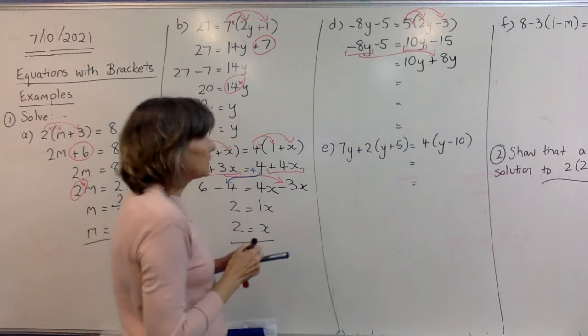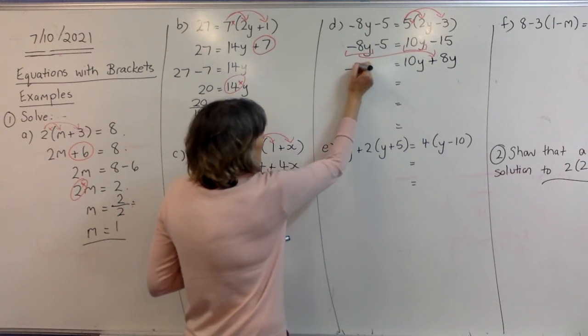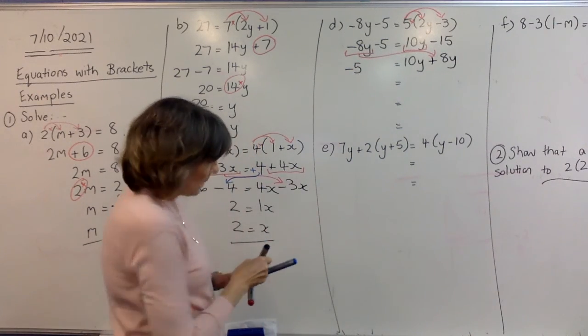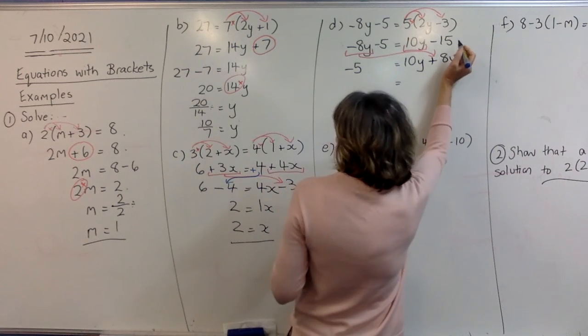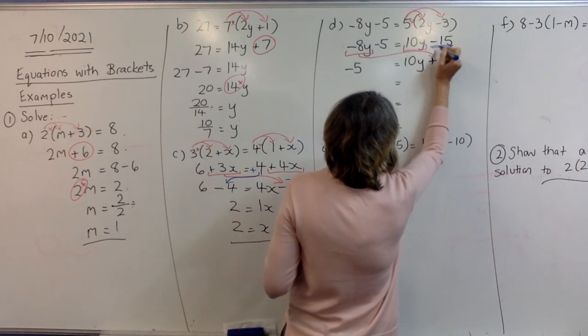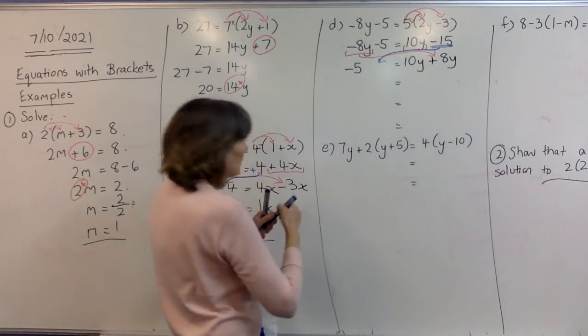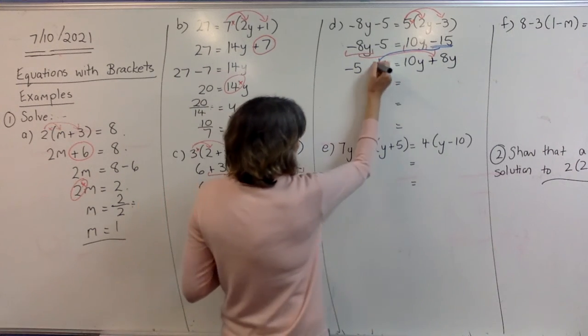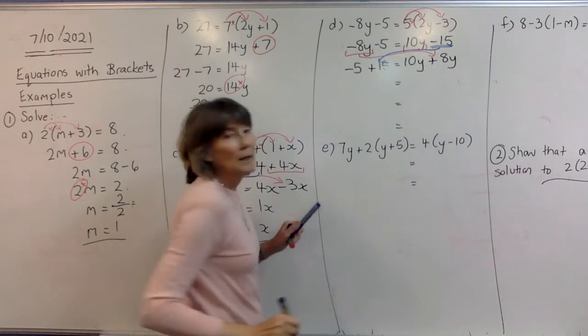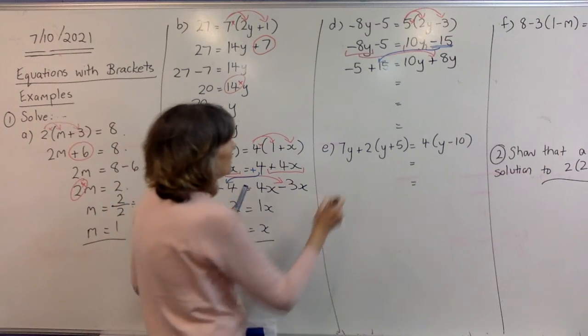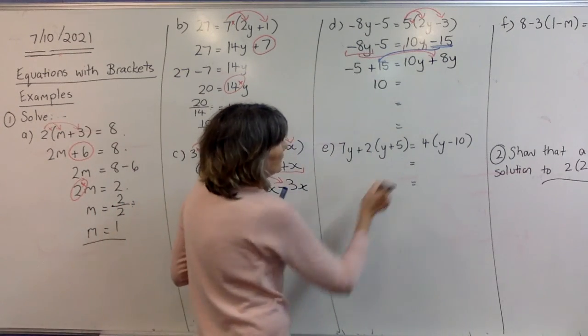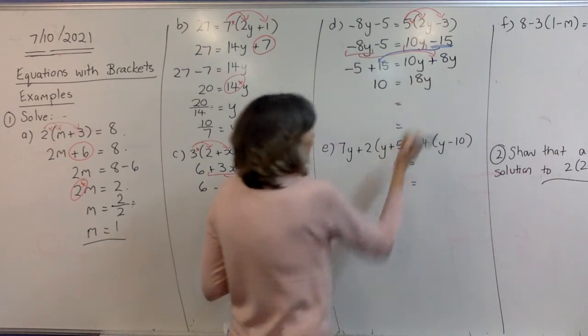All right, the numbers. Minus 5 will be staying here. And the other number, minus 15, will be coming across to join it. Over here, so it'll become plus 15 when it moves over to the other side. And now let's collect our numbers. We have a 10 here, and over here we have 18y.